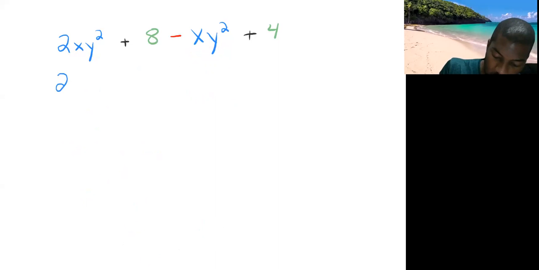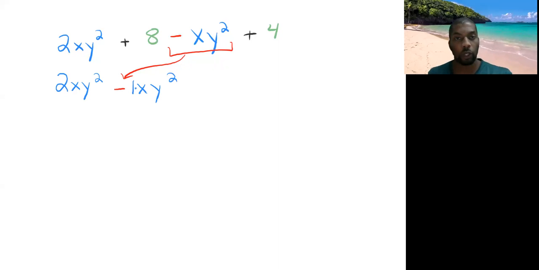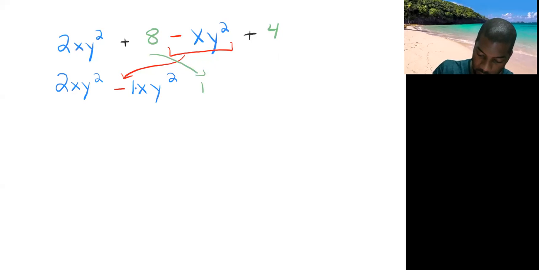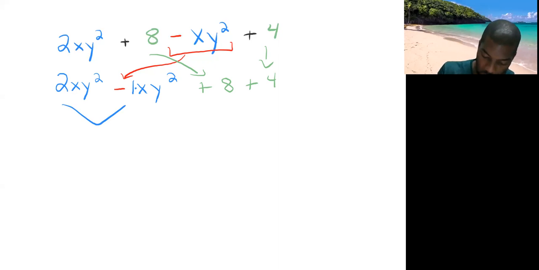So I'm going to rewrite it 2 times xy squared. I'm going to bring over this whole term, negative xy squared. There's an invisible 1 in front of that if there's no number already placed. Then I'll put this positive 8 here, and this positive 4 I'm going to leave here. So now I'm going to combine like terms. 2 minus 1xy squared is just 1xy squared.